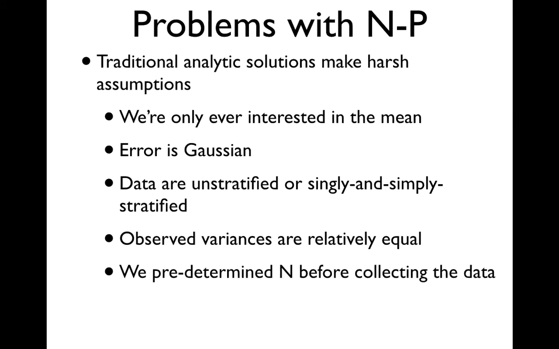Another one that's not super well known is that the framework only works if you predetermine the n, the amount of effort you're going to go to sampling a population, before collecting the data. If you collect data, look at it, decide that it's close to 0.05 but not quite, and then collect more data, the p-value changes its meaning.